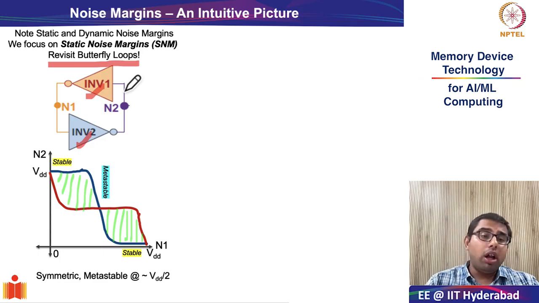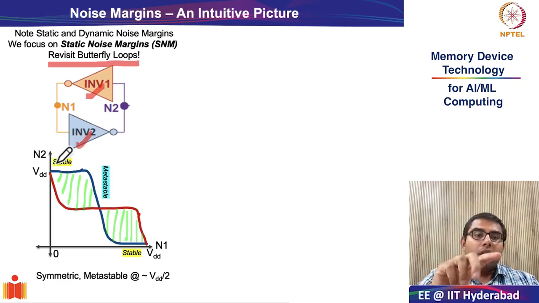Also try to recall how we had plotted these butterfly loops for this cross coupled inverter, the voltage transfer characteristics, by doing a 180-degree shift of the characteristics of inverter 2 with respect to inverter 1, and that we were able to do because the input to inverter 1 was the output of inverter 2 and vice versa.